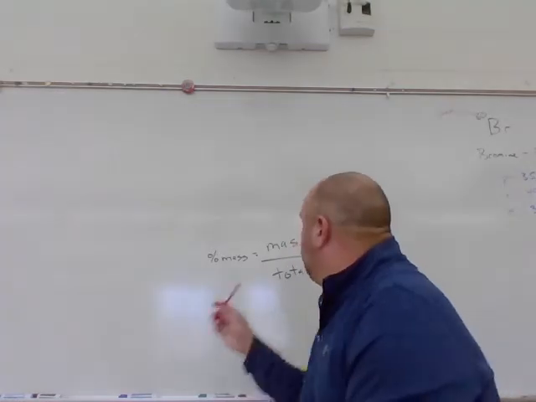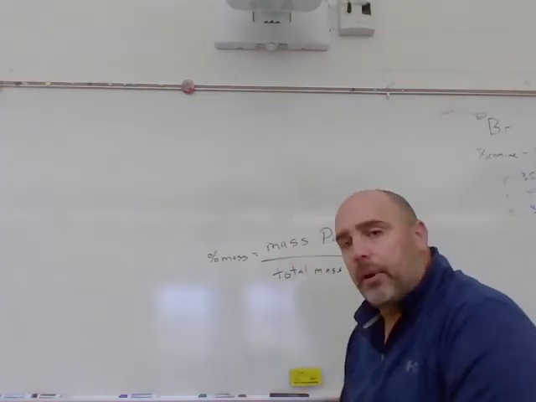Body fat percent is based not on counting particles, but on mass. If you have 25% body fat, that means that percentage of your weight comes from body fat. So if you have two masses, it's very easy: you just take the mass of one part and divide it by the mass of the other.